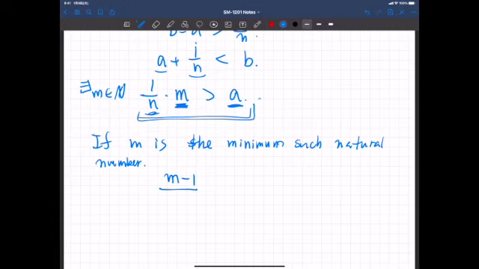So that is m minus 1 over n is less than or equal to a. Right? And from this, a is less than m over n.